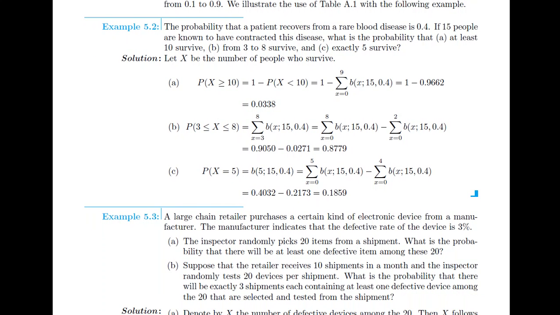The probability that a patient recovers from a rare blood disease is 0.4. If 15 people are known to have contracted this disease, what is the probability that A, at least 10 survive, B, from 3 to 8 survive, and C, exactly 5 survive? Number A: let X be the number of people who survive.